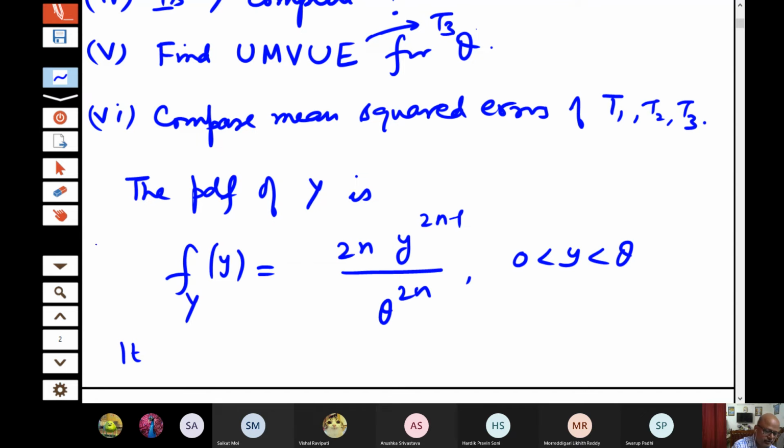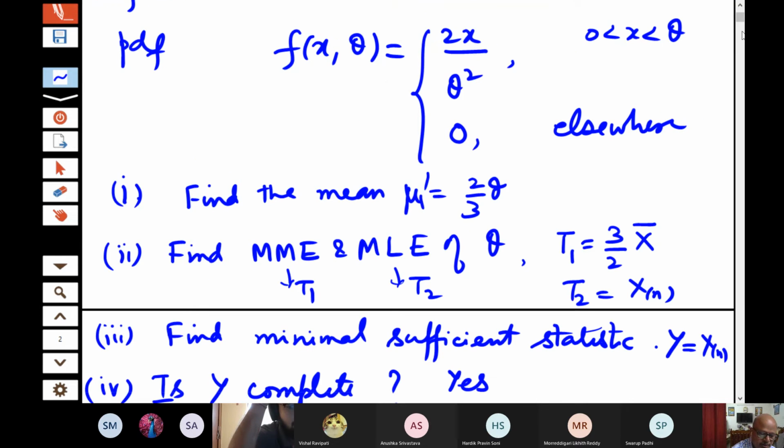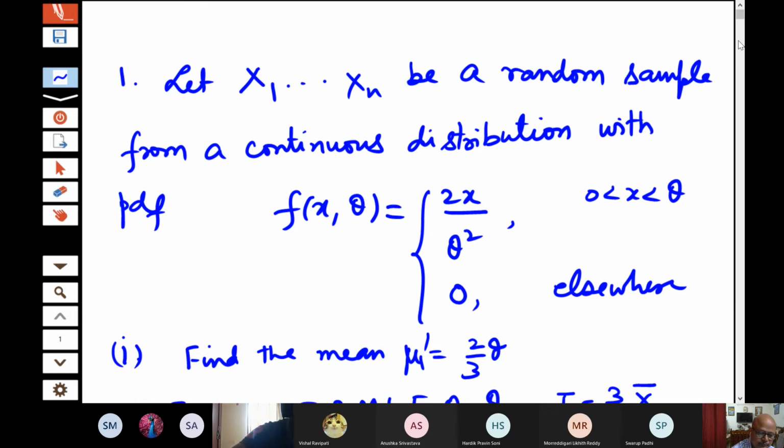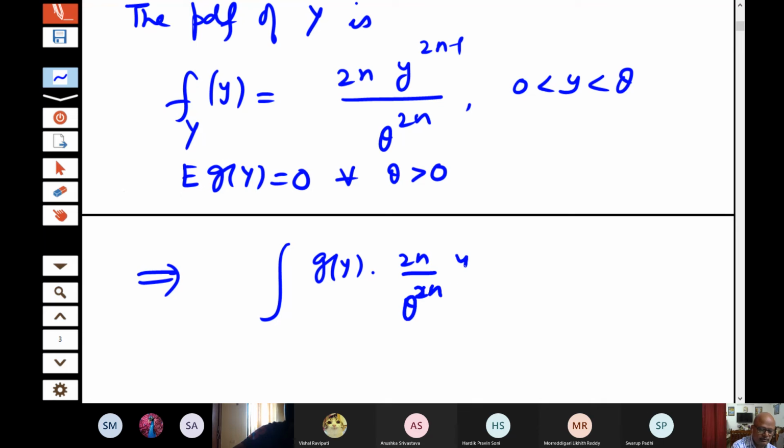Expectation of g(Y) equal to 0 for all theta is equivalent to the condition that the integral of g(y) times 2n by theta to the power 2n times y to the power 2n minus 1 dy equals 0 for all positive theta.